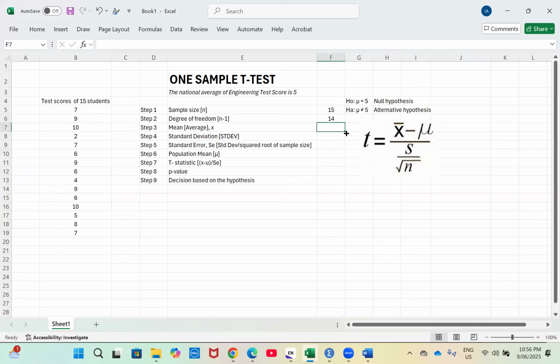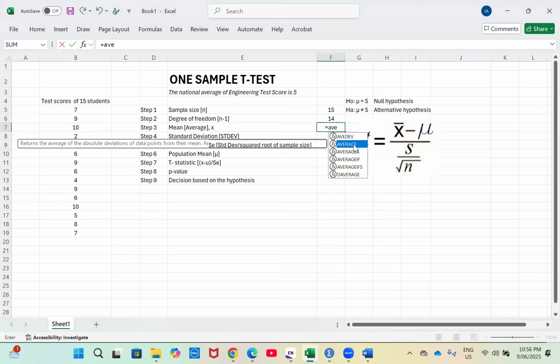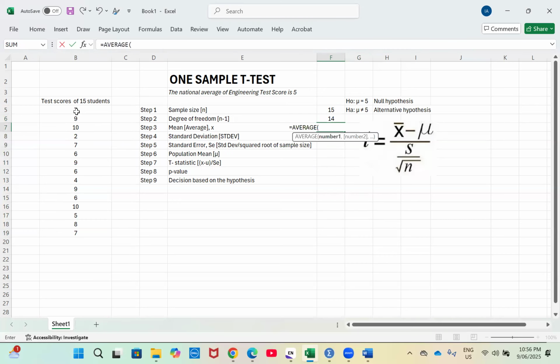Then we can also determine the average of the 15 sampled scores. How do we get the average? Very simple: equal sign, AVERAGE, and then you put your cursor on the 15 scores, and that will give you their average, which is 7.